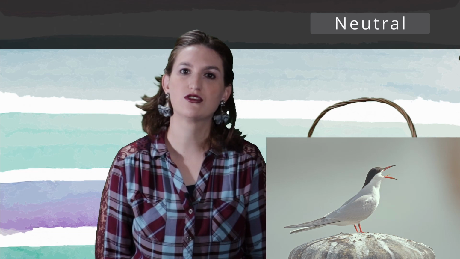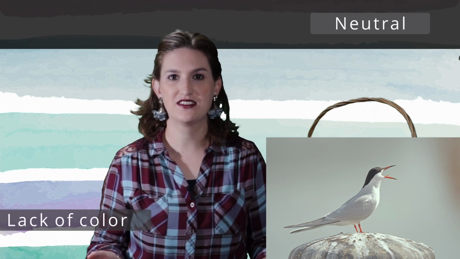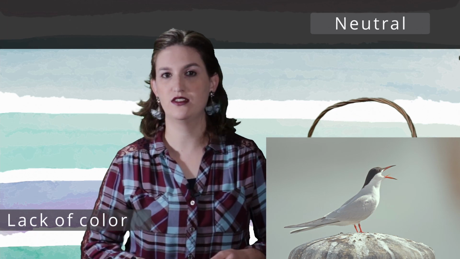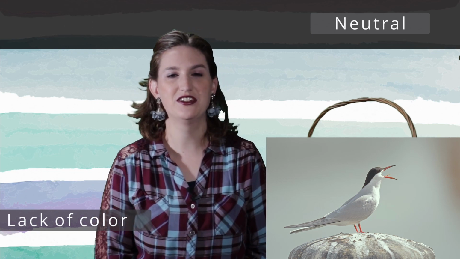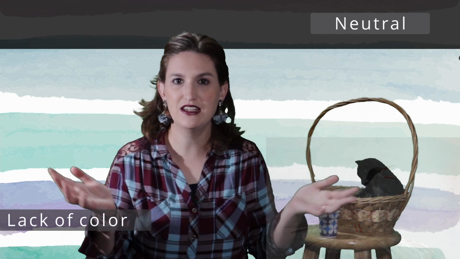Neutral colors. Neutral colors are more the lack of colors. So whites and grays and maybe even light browns. They're neutral colors. They're calm, pleasant colors that can be mixed and used with almost any color.